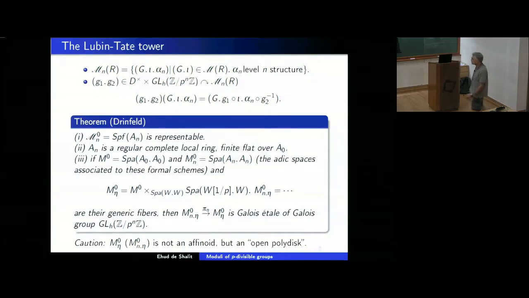So this simply means, as a set of valuations, looking simply at all those valuations where p doesn't get the value 0, okay? Where p is not 0. But one should be careful because it's a product of two affinoids. In itself, it's not an affinoid. This can happen in this world of Spas, and it is rather an open polydisk.